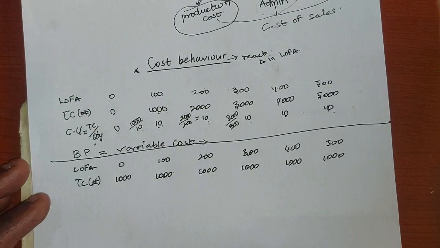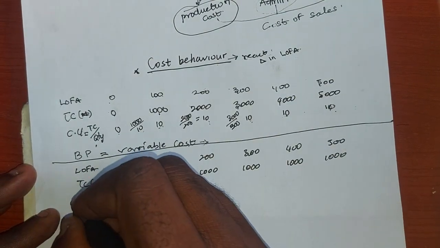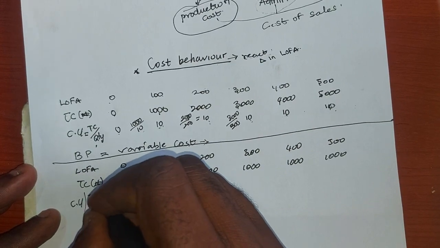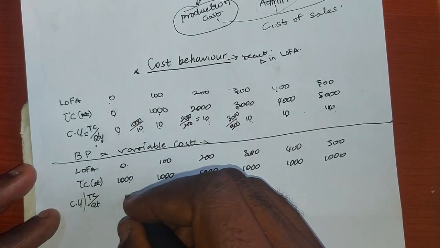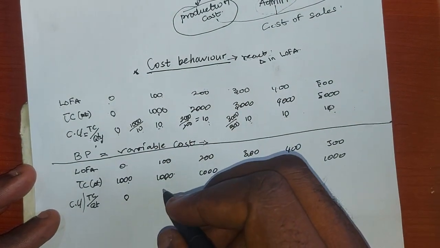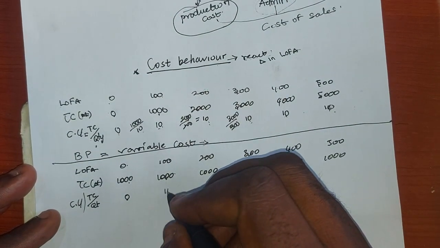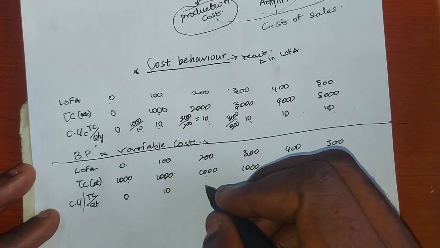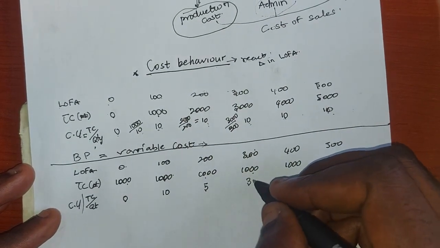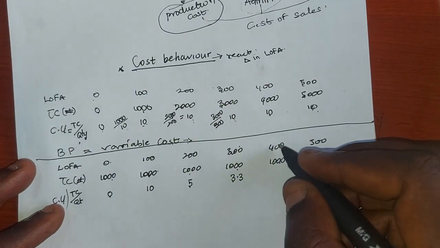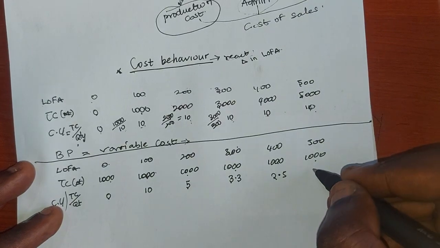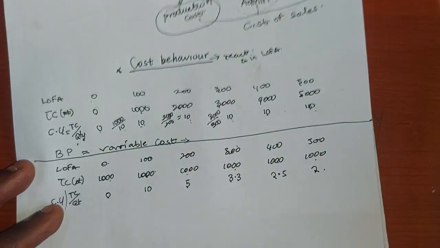If you calculate your cost per unit, which is total cost over quantity, you will observe that 1,000 divided by 100 gives 10. 1,000 divided by 200 is 5. 1,000 divided by 300 gives 3.3 something. 1,000 divided by 400 is 2.5. 1,000 divided by 500 units gives 2.